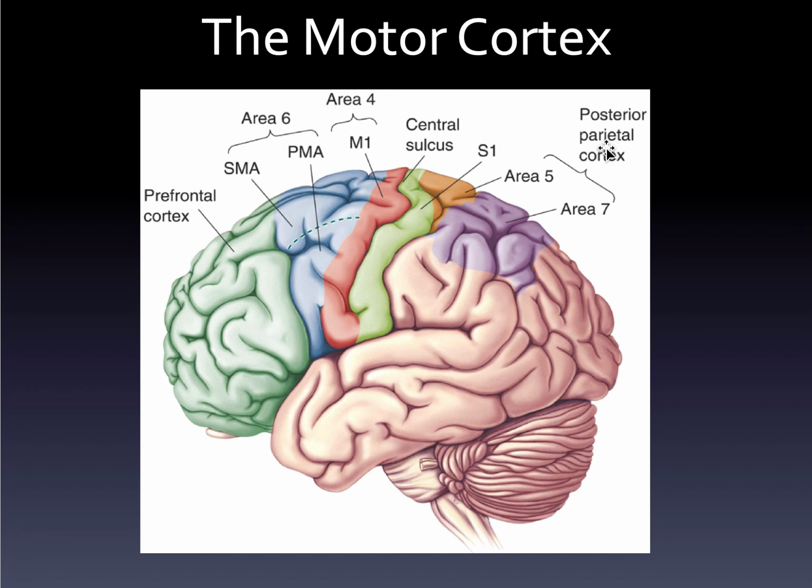It's really the only sulcus I can think of that is a really substantial, definitive marker of a change in the brain function of that area. But anyway, the central sulcus there, and then we move into area 4, also called M1, also called the primary motor cortex. And then area 6, which is divided into the supplementary motor area, which is on the dorsal or superior part of that, and the premotor area, which is on the ventral or inferior part of area 6.